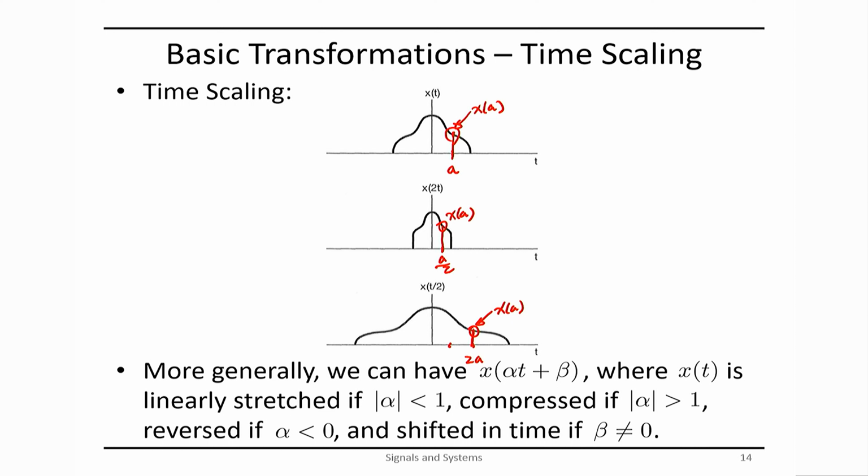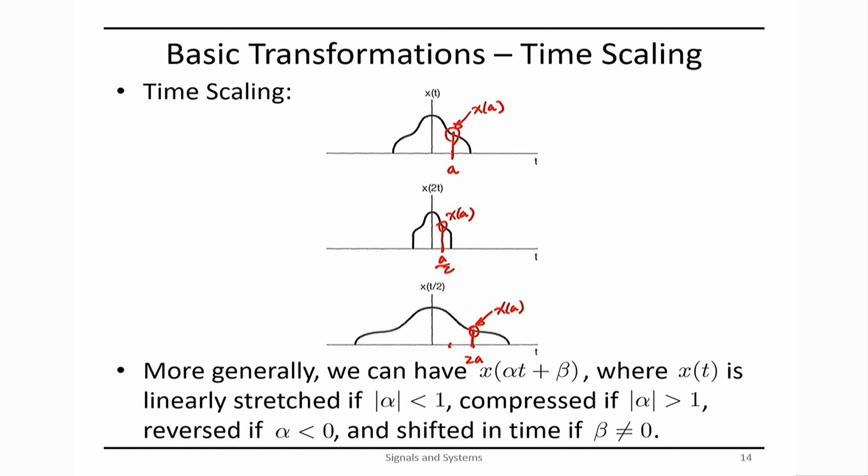This may be a little bit counterintuitive, because multiplying compresses it, but dividing stretches it. But to me, an easy way to understand this is that when you multiply the time index by a value greater than 1, let's say you multiply t by 2, this is like fast-forwarding your signal.